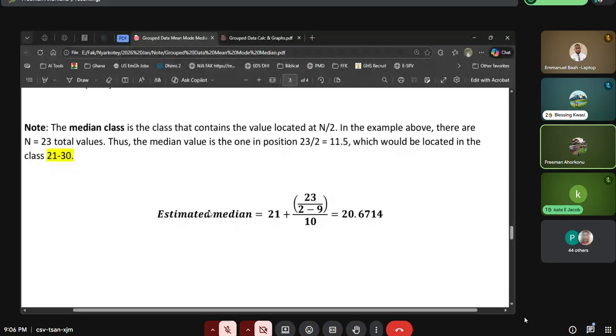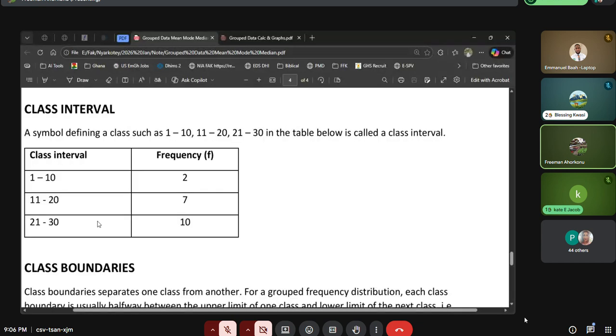Ideally, to get the class boundary, you find the difference between the two and divide by 2.